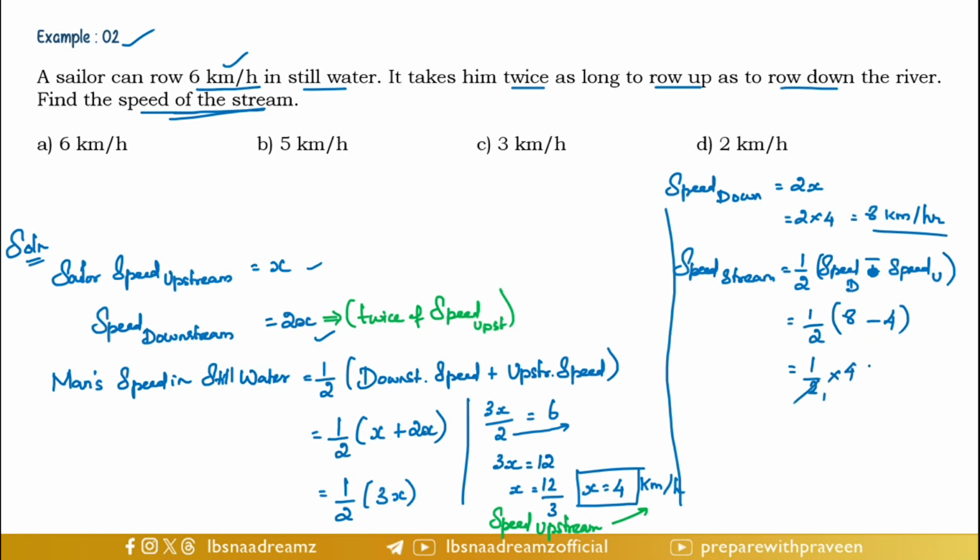So 1 2 is 2, 2 2s are 4, which is equal to 2 kilometer per hour. So option D is the right answer. Yes, option D is the right answer.